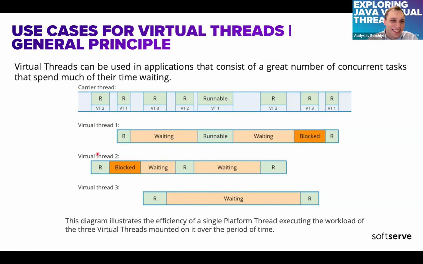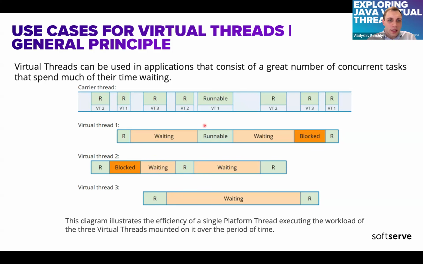A laser. So here virtual thread 2 is being executed. Then once it becomes blocked, virtual thread 1 is being executed. Then it goes waiting, and this one is waiting too, and it's time for thread 3 to run. Then it goes waiting, and virtual thread 2 can do something in the meanwhile.